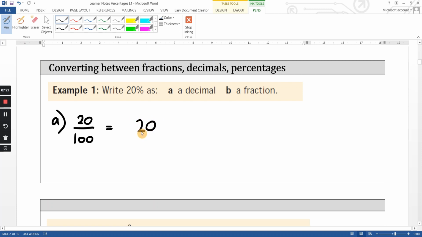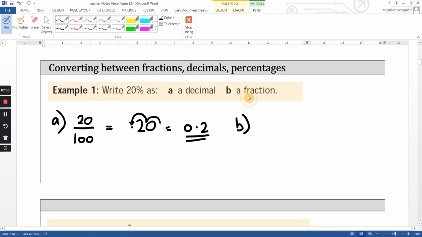Technically the numbers move in their place values, but to make our life a lot easier, we can just make the decimal point jump backwards 2 jumps. So it goes from here, that's 1, that's 2, and it lands here. So that's going to be 0.2. You don't need to have that 0 on the end. You can if you want, but it's not going to make a difference to the value. So as a decimal, 20% you can write as 0.2.